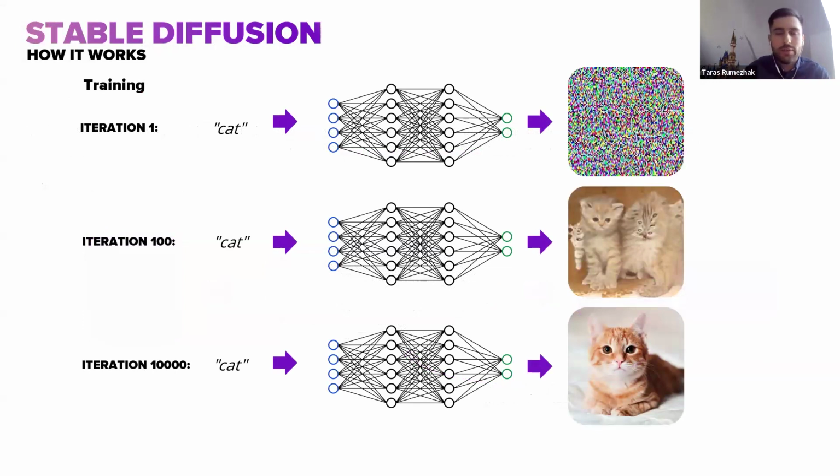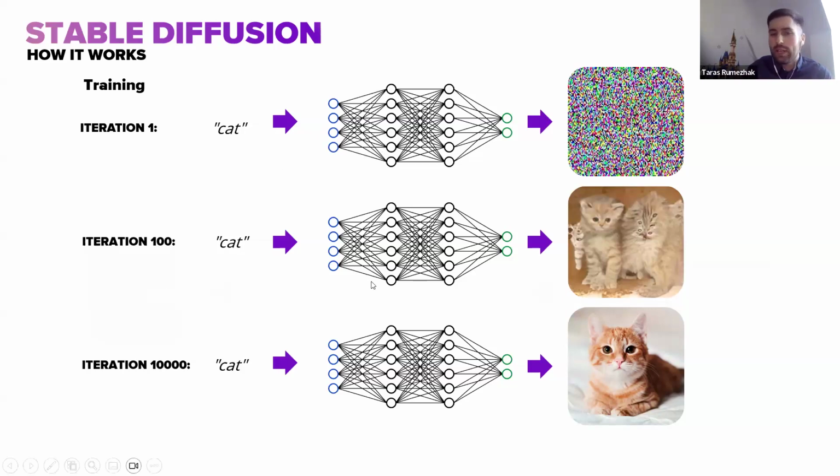Here is just a high-level visualization of how the training of Stable Diffusion was done. We start with the prompt cat, and we also provide some image of a cat. During inference after the first iteration of training, it still generated noise, because the noise predictor hadn't seen enough images to learn how to subtract that noise.